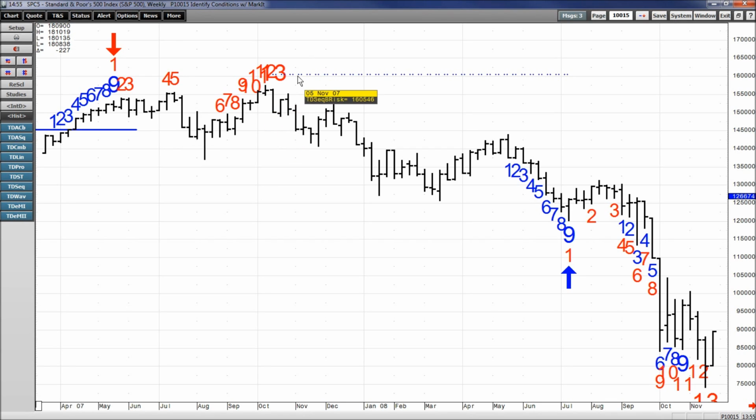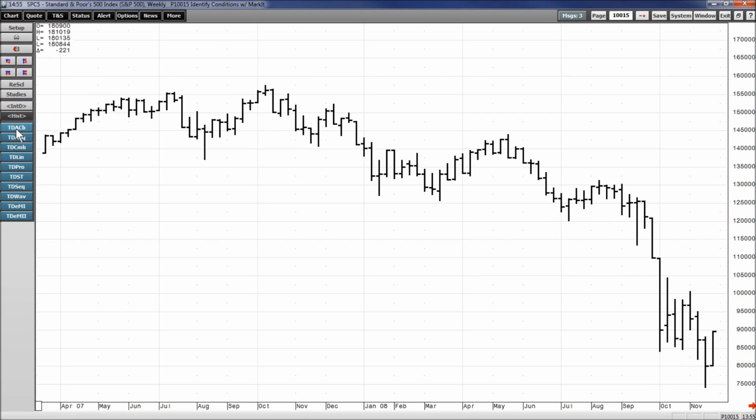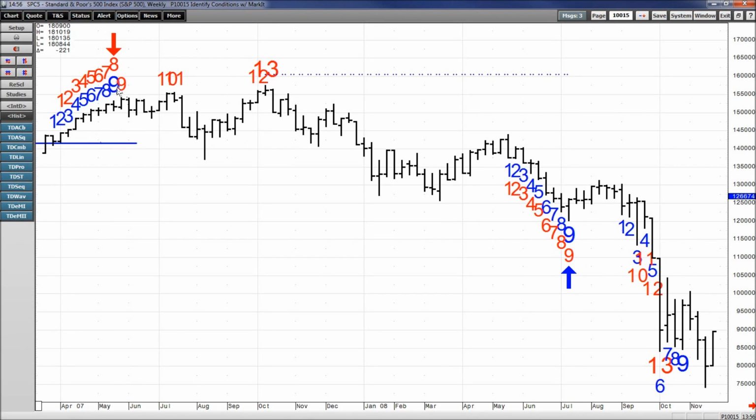And as long as price stays below this risk level, the probability of bad things happening increases. So you can see here in October of 2007, this was an excellent signal. That's the aggressive sequential. And we also had a 9 paired with a 13 on the aggressive combo.